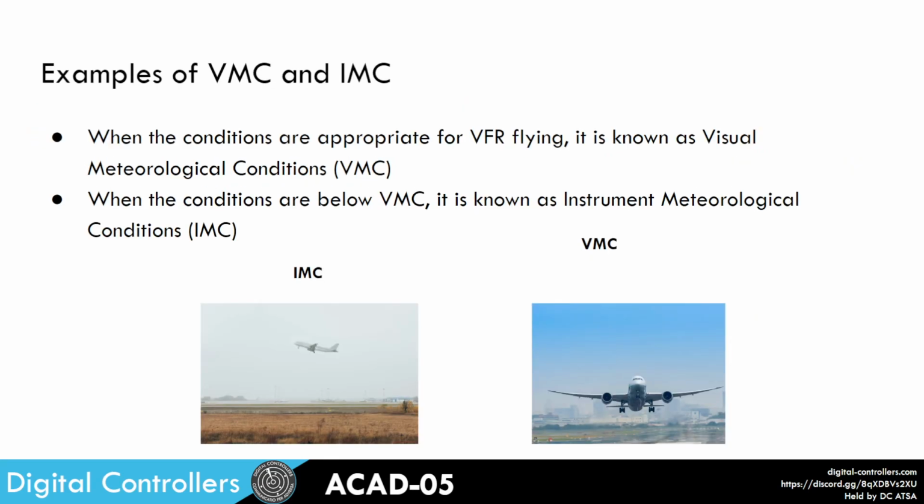So, when the conditions are appropriate for VFR flying, we call this Visual Meteorological Conditions, or VMC. And when the conditions are below VMC, we call this Instrument Meteorological Conditions, or IMC, which is where IFR flight has to be conducted.